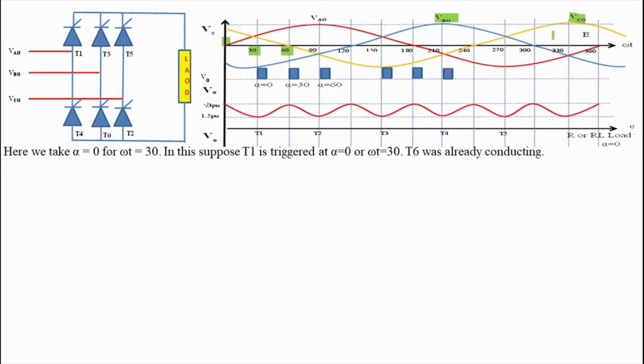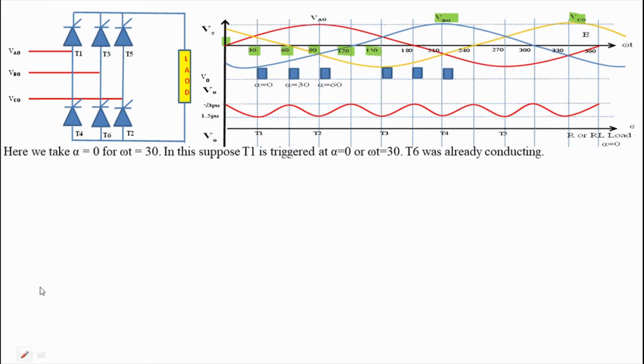Okay, so VC0 crosses 0 at omega t equal to 60 degree. So we will trigger the next thyristor at omega t equal to 60 plus 30, that is equal to 90 degree. And this blue waveform, that is waveform of phase B, crosses 0 at 120 degree. So we will trigger the next thyristor at omega t equal to 120 plus 30, that is 150 degree.